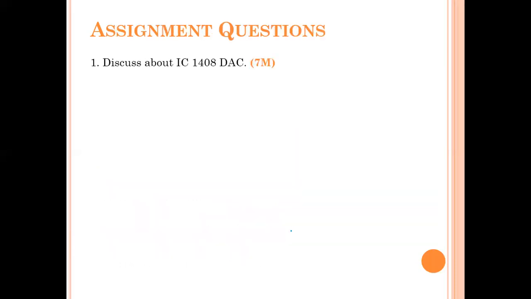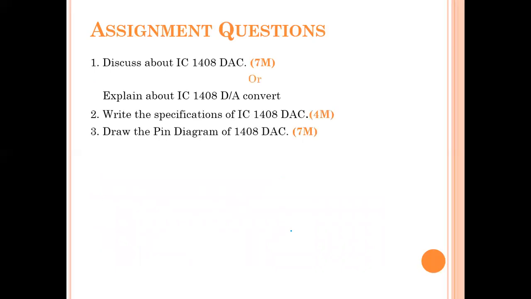We can expect the assignment questions from this topic. The first one is: discuss the 1408 D2A converter, which will be asked for 7 marks. The same question can also be asked as: explain IC 1408 D2A converter. For both questions, you can have the same answer. First we write the pin diagram of 1408, though this is not a must; we can go directly to a block diagram.